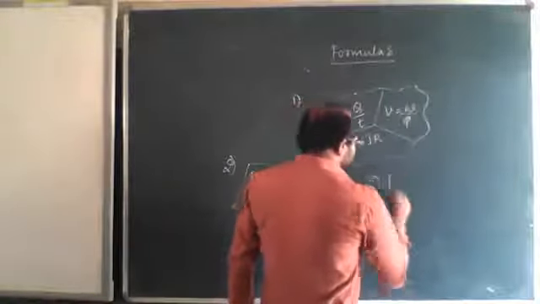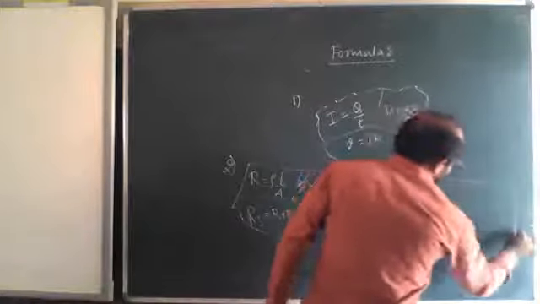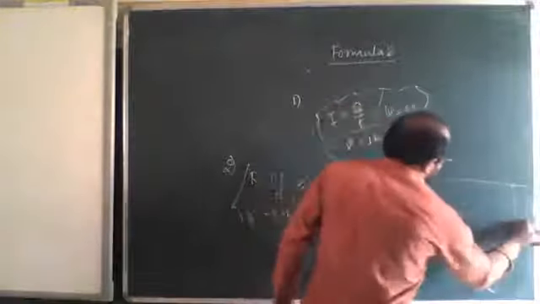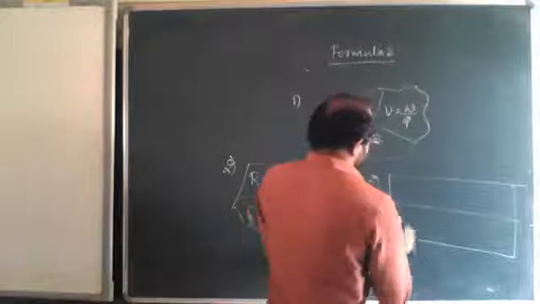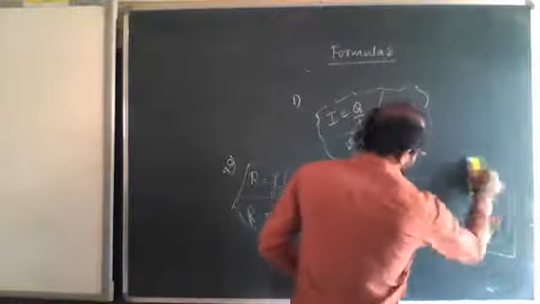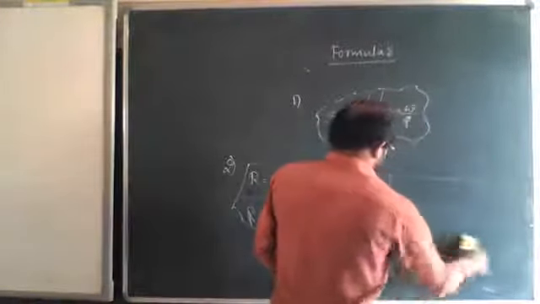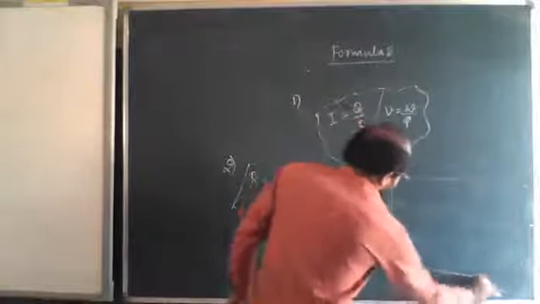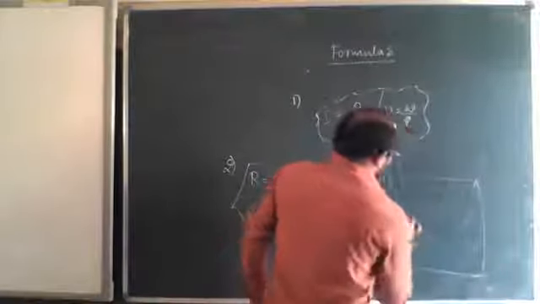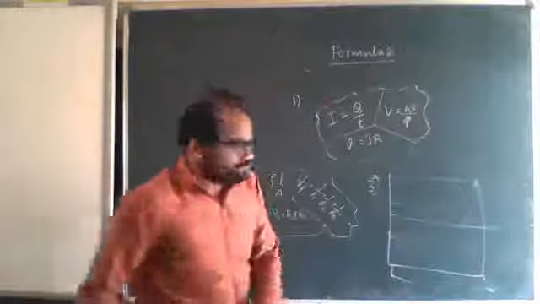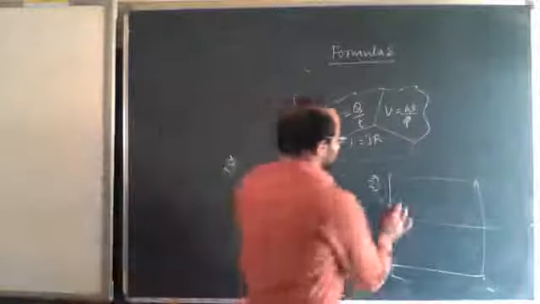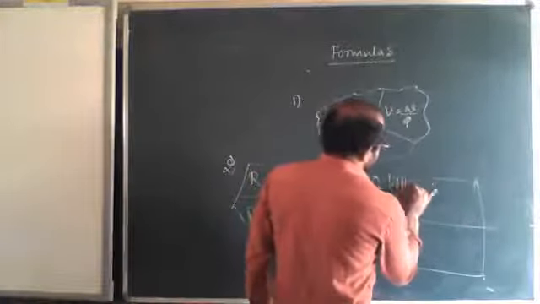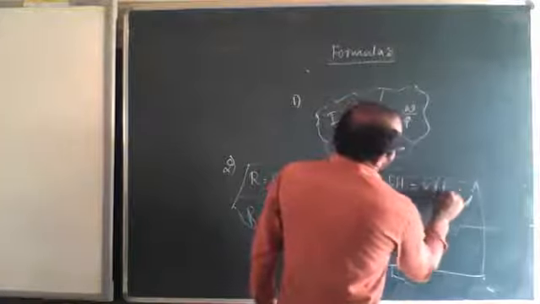So this is very important. This third group is very important. This is heat energy and power. So we have three formulas for both the heat energy and power. So H is equal to VIT.